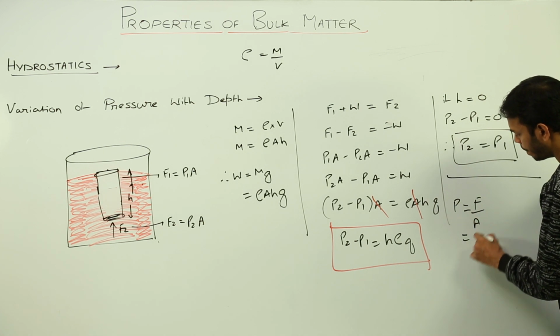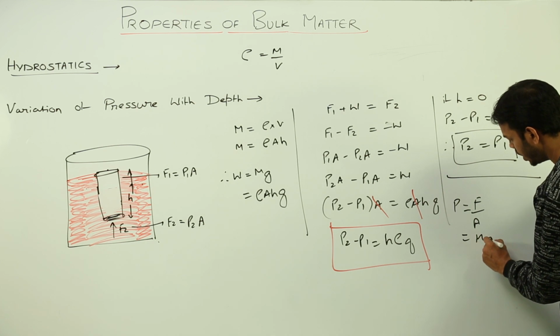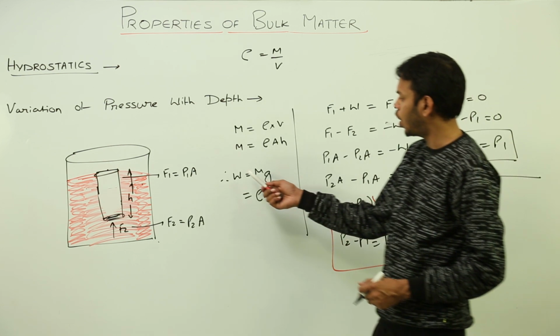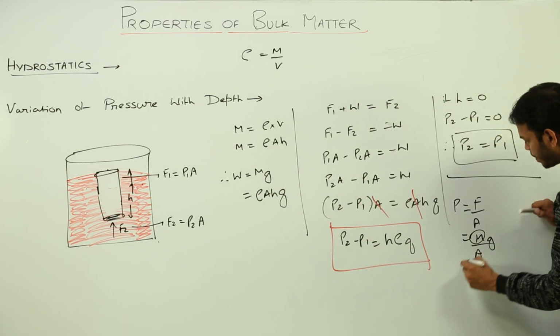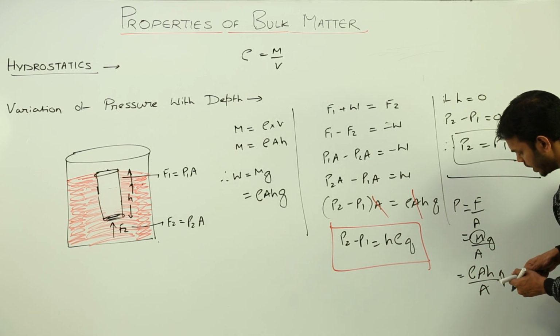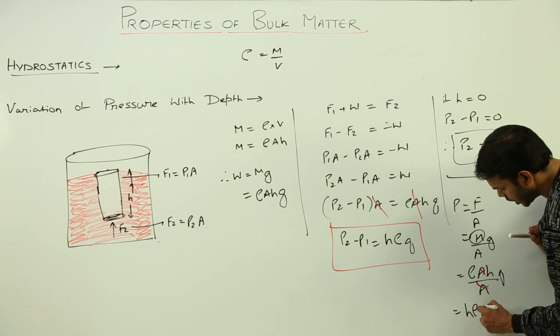Force is mass into gravity, so F is m g, m g upon A. M is volume into density, rho A H, multiplied by g, upon A. A will cancel out and you will again get rho h g, or h rho g.